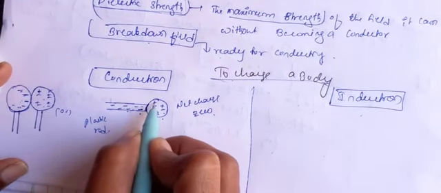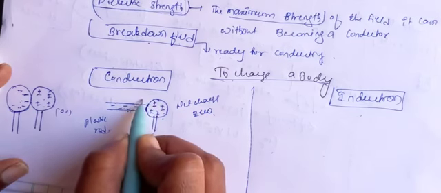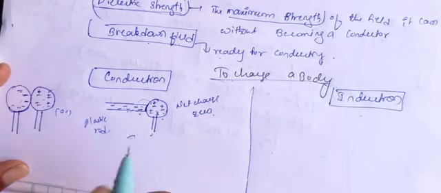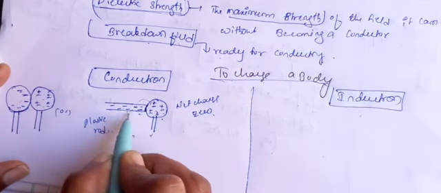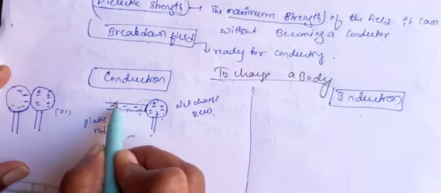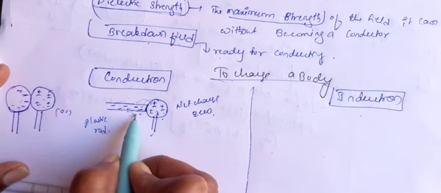Now some positive charges are there, so these negative charges are attracted towards these positive charges. Why? Because all the negative charges are there, so there is some internal repulsion between the negative charges.